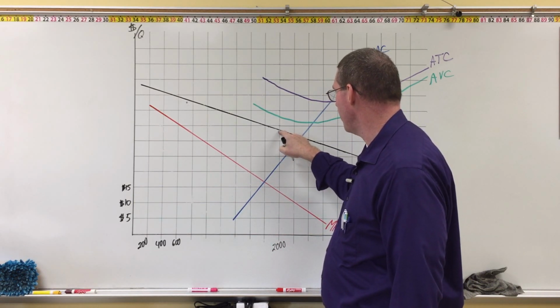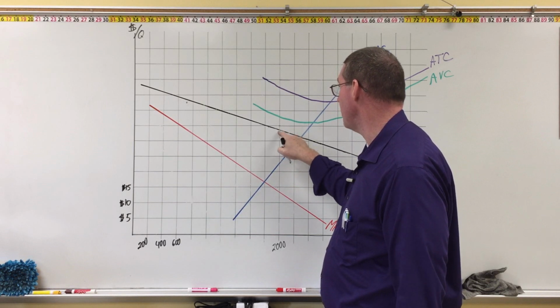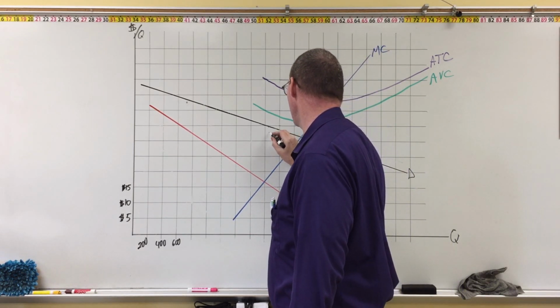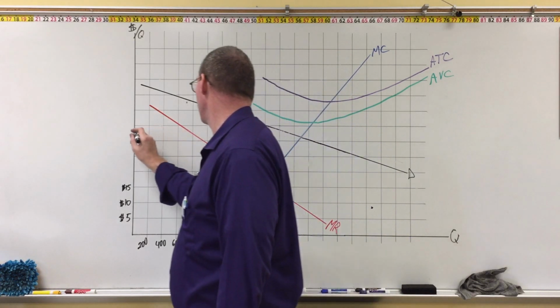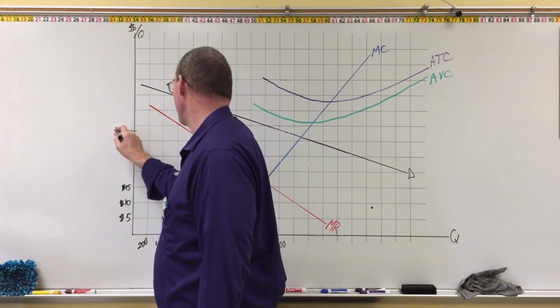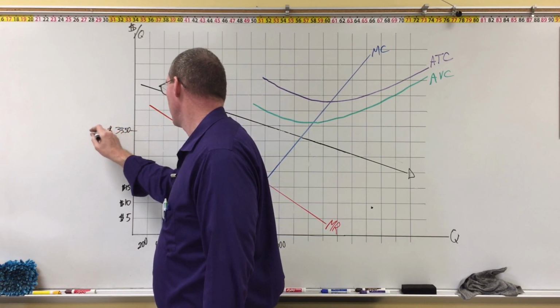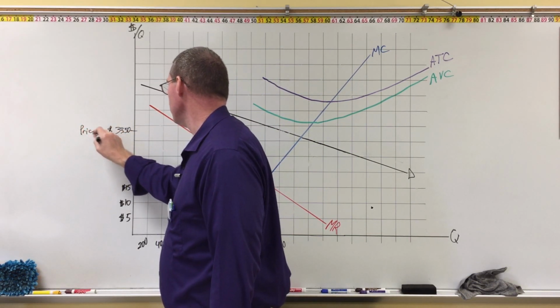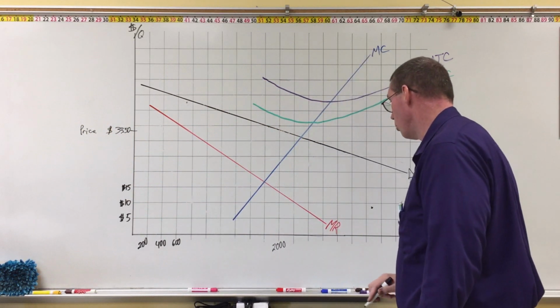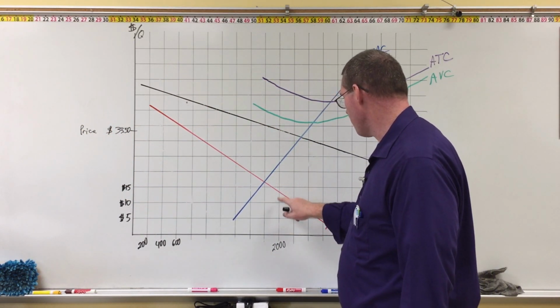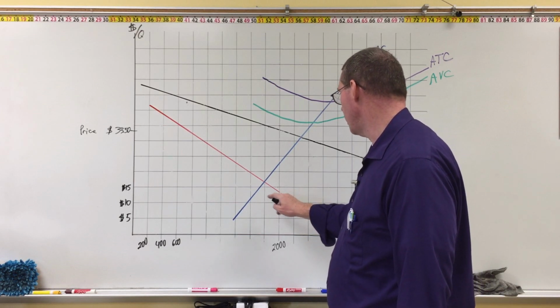And that's probably about maybe $33 or $34, maybe even $33.50, okay? So I'm going to put it over here, kind of right there. So the price is about $33.50, all right, price. Now let's identify the marginal revenue. Well, that's this red curve right here, so 5, 10, it's probably about $13.